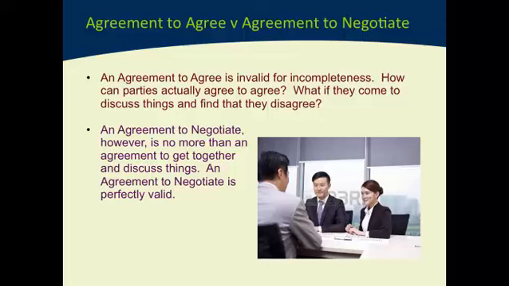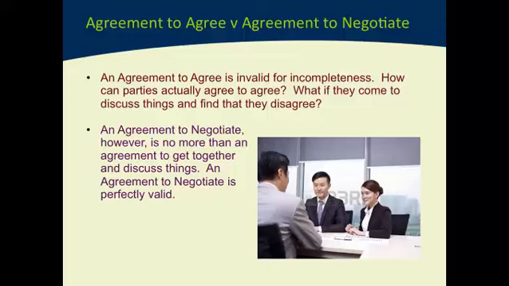The golden rule is that you cannot have an agreement to agree. So if the contract says the parties will agree on the final price by the 30th of December, you've got yourself an invalid contract, because there's no way you can predict that the parties will agree.